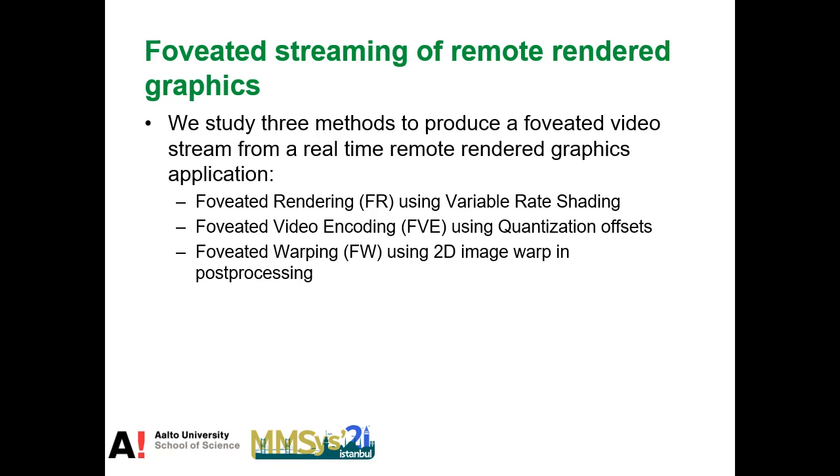We implemented the foveated video encoding by varying quantization across the macro blocks in a frame. Lastly, we consider foveated warping, which is a human visual system based post-processing 2D image warp, which produces a foveated image.